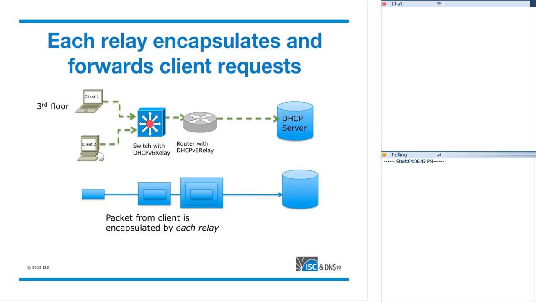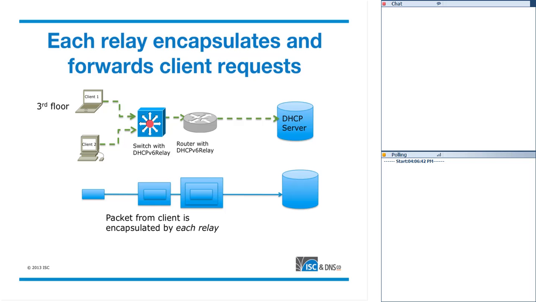In v6, it does this encapsulation, so you can see that the bottom line, the client packet starts off the little blue box to the left, then it moves to the relay and gets encapsulated, and then it moves to the next relay and gets encapsulated again. You can have up to 32 relays in line. Again, you could have multiple relays in v4, but typically the protocol didn't really allow for more than one to add things and to understand what was going on.